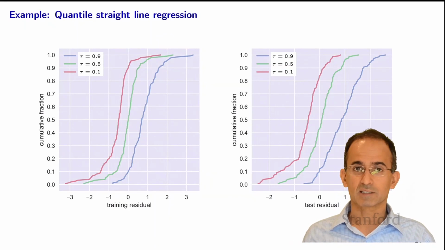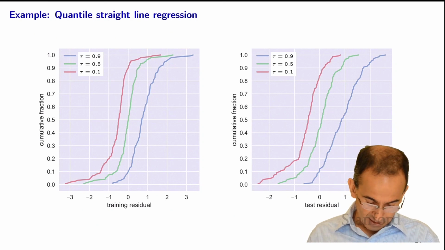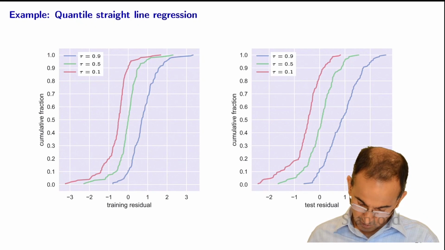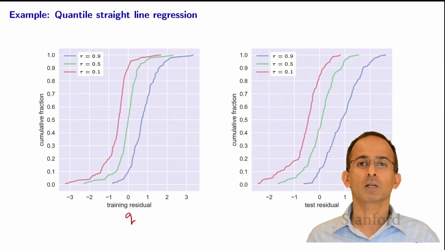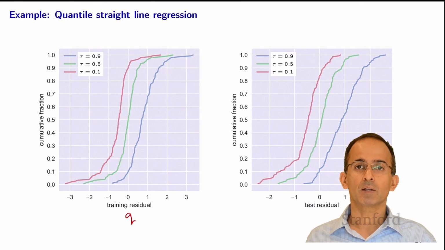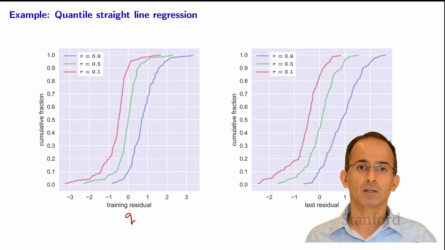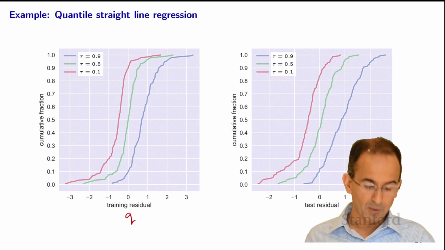So there's another way of plotting this data, and that is to look at the cumulative distribution of the residuals. So for any given Q, we're going to plot Q here on the horizontal axis, and then on the vertical axis we will plot the number of data points for which the residual is less than Q. And in particular, I've got three plots here.